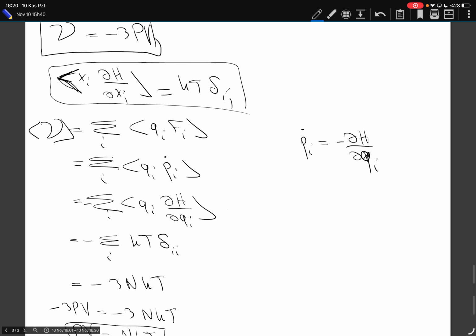When I went from this step to this one, I'm just saying that I'm not looking at a particular moment, I'm taking an average over all the particles and over all the time, in a sense. And so here in this sum, I have a sum over all particles, and hence I have a 3N over here. So any questions?